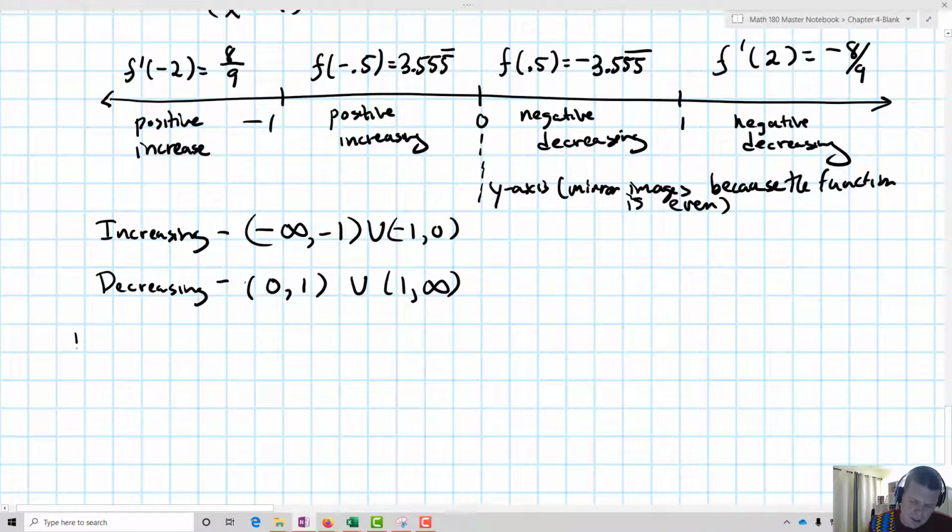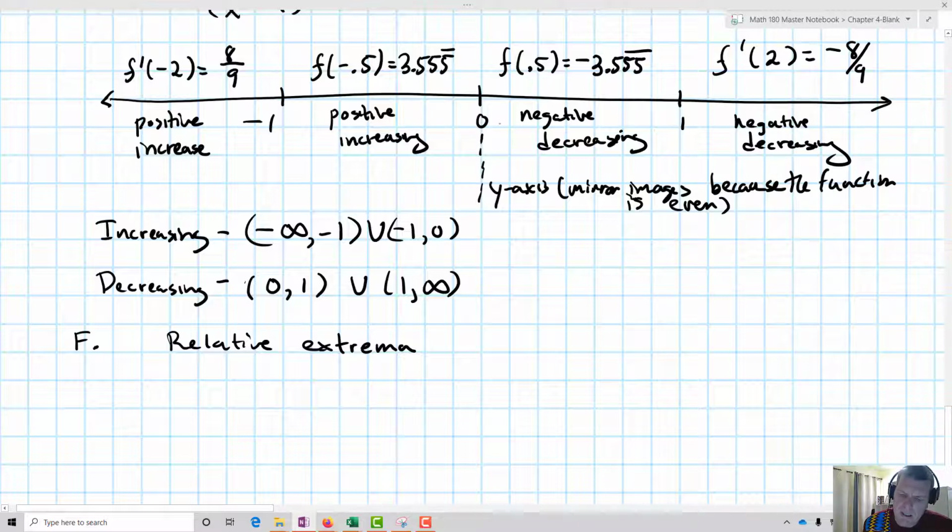Ton of information there. Now, let's go on to our relative extrema. We want to notice only where we change signs in our derivative. If you notice, that's only around 0. The derivative is positive as we approach 0, and then negative as we go in the positive direction.